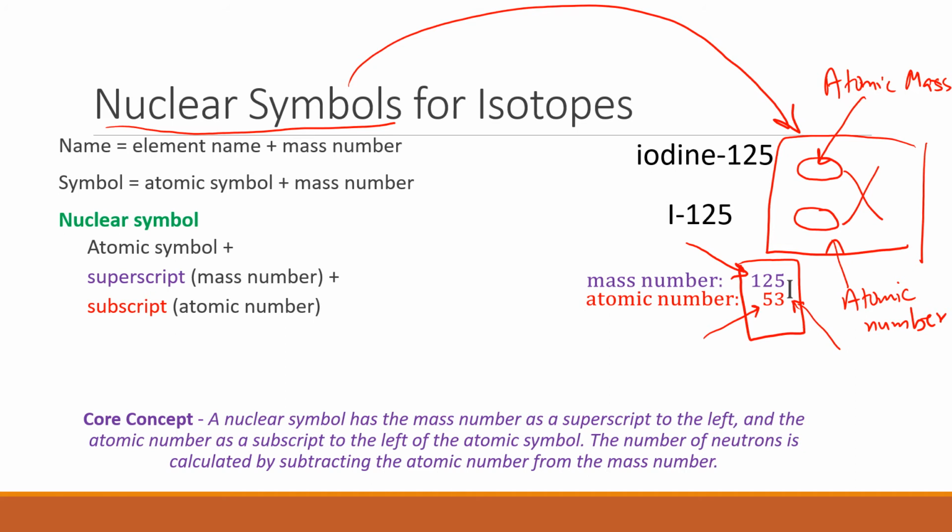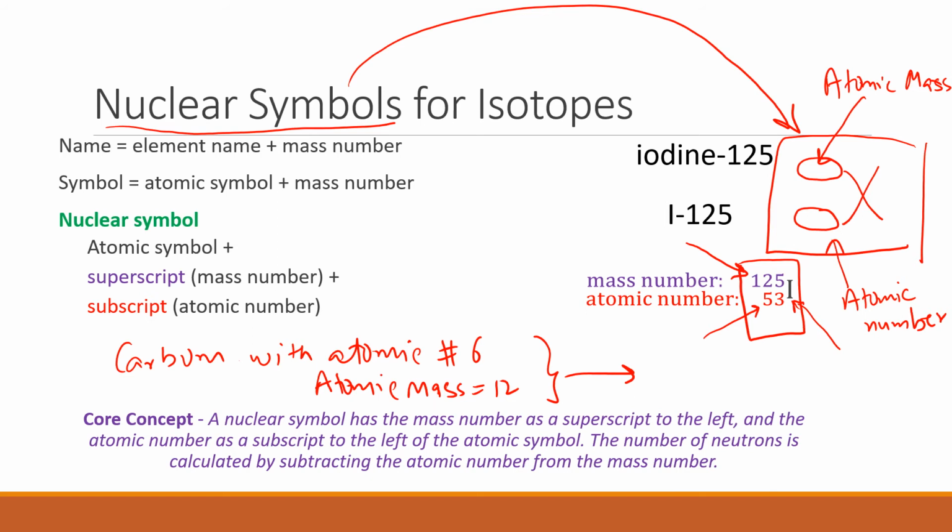Similarly, if I have an isotope of carbon with atomic number 6 and atomic mass 12, its nuclear symbol will be written as the symbol for carbon, C, with 12 as a superscript and 6 as a subscript. Similarly, you can write nuclear symbols for other isotopes.